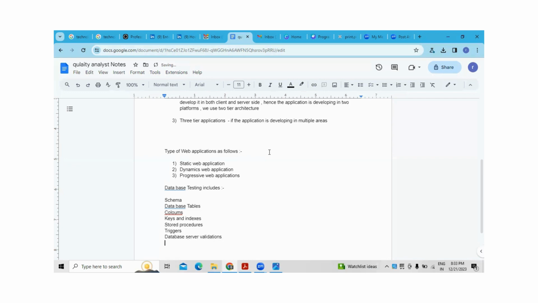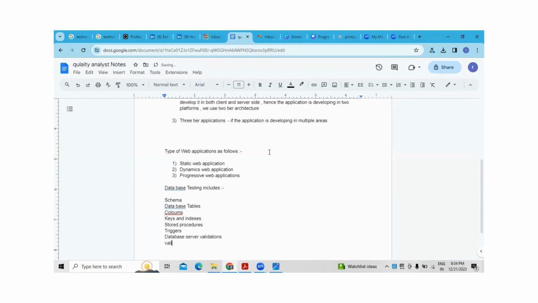Database server validations means that if, for example, we have created a database, which is called a server, that has to be validated, to what extent the database has been created. So stored procedures are separate, triggers are separate, and database server validations are separate.